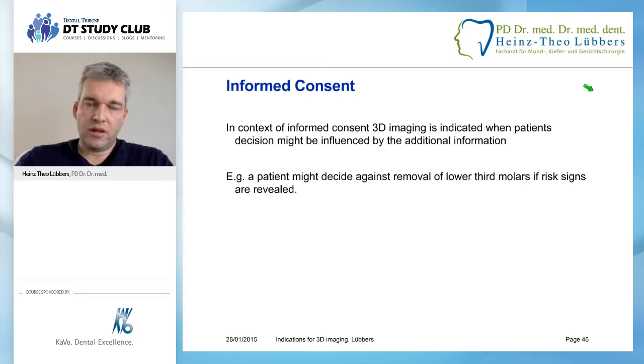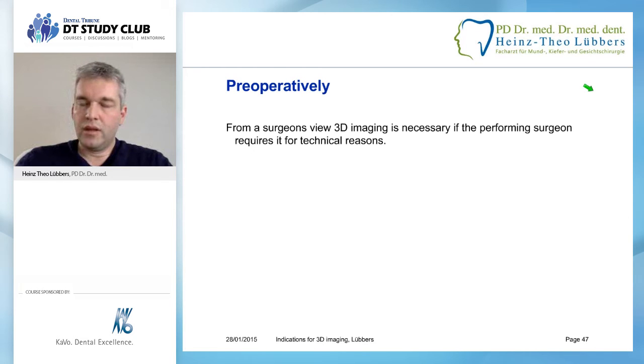So if the patient can really get a good insight into the situation through 3D imaging, this sometimes might change his mind about which treatment is the right one for him. So a patient might decide against removal of lower third molars if you can show him that there are special risk signs. That's an indication you have to take into account.